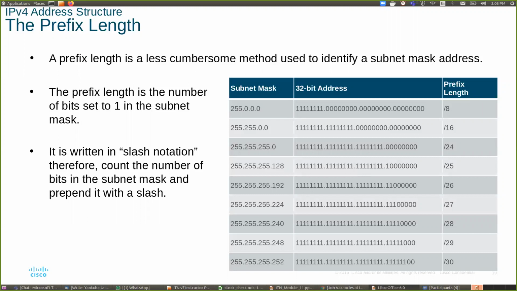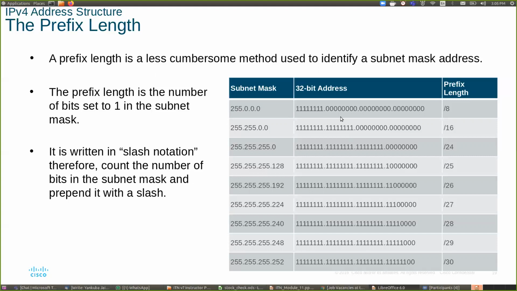Okay, you can see here subnet mask 255.0.0.0, but the prefix length is /8. So if somebody should tell you /8, don't be confused, okay? If somebody should tell you /8, it means 255.0.0.0.